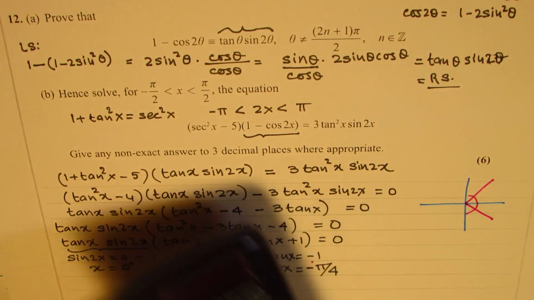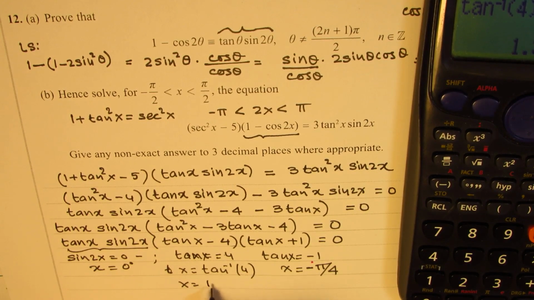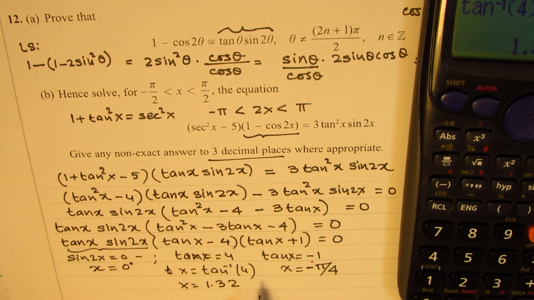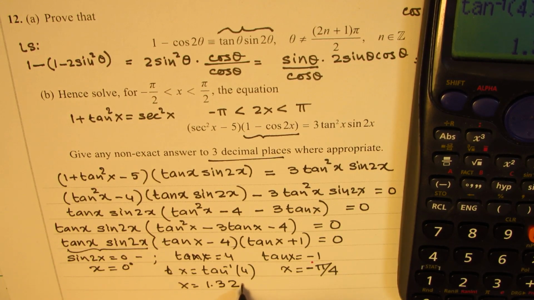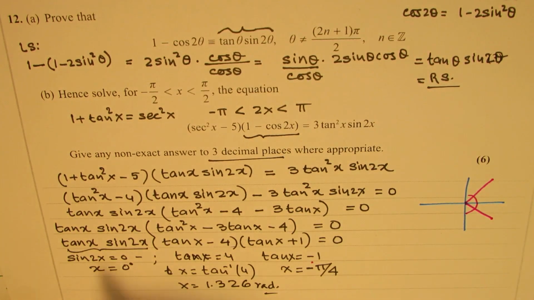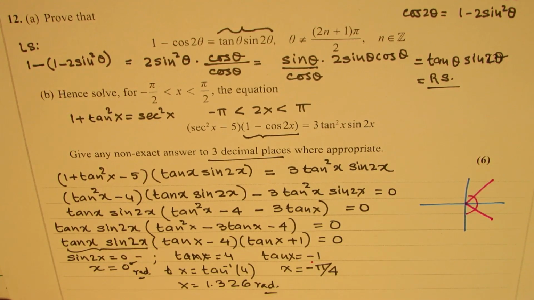We have to round this to 3 decimal places. So this gives us x equals to 1.326 radians. Correct? So not 0 degrees, 0 radians. Both are same though, but that is how we're going to do.